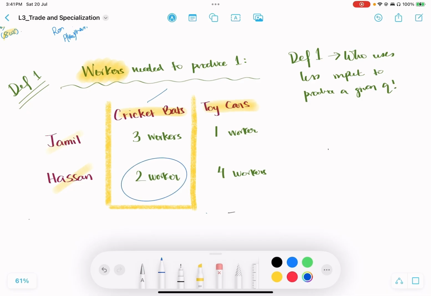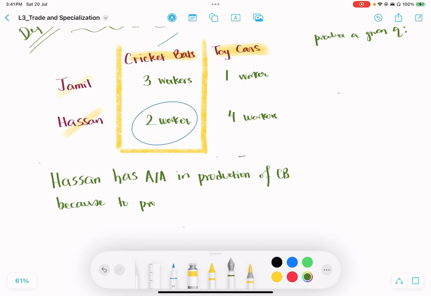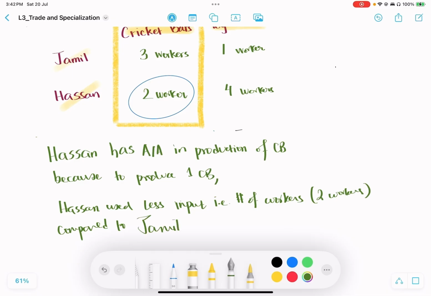So I'm going to circle that. Here we are saying that Hassan has absolute advantage in production because to produce 1 cricket bat, Hassan uses less input, that is number of workers. In fact, he's using 2 workers compared to Jamil, who uses 3 workers.